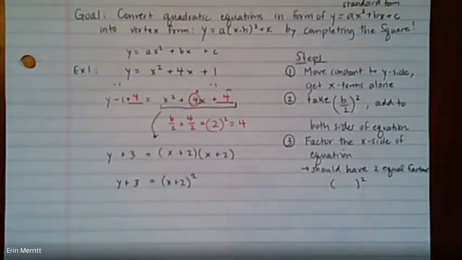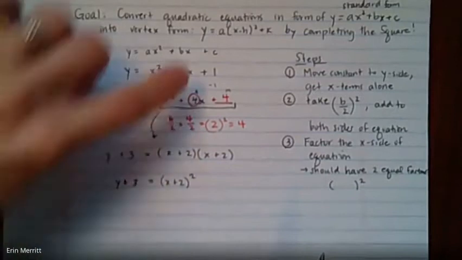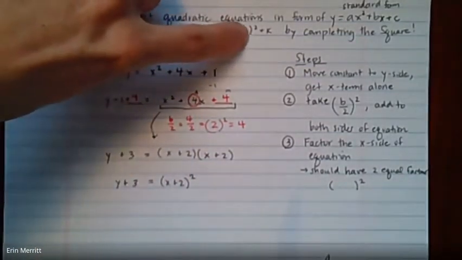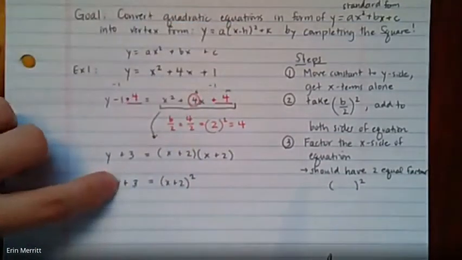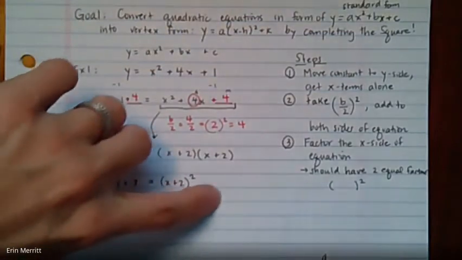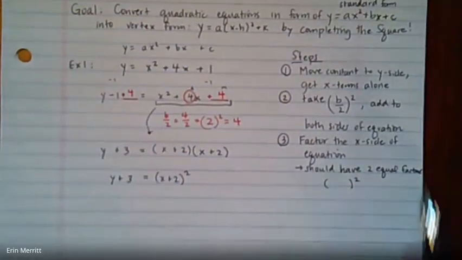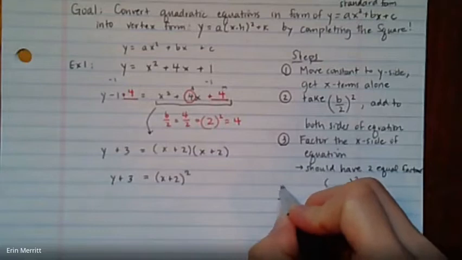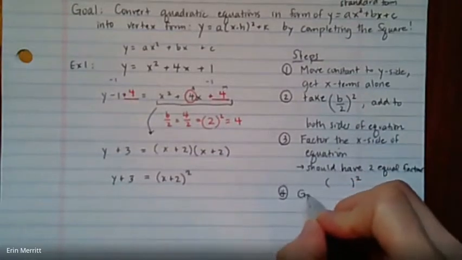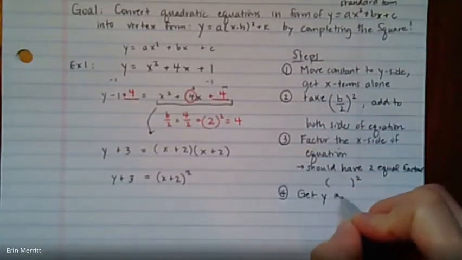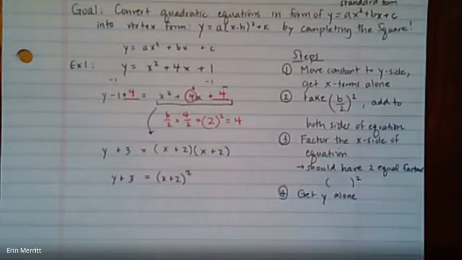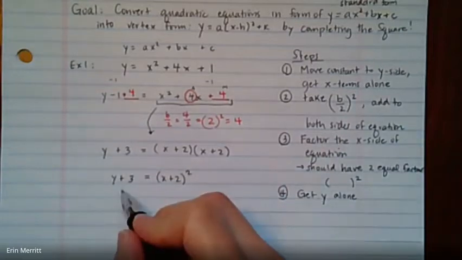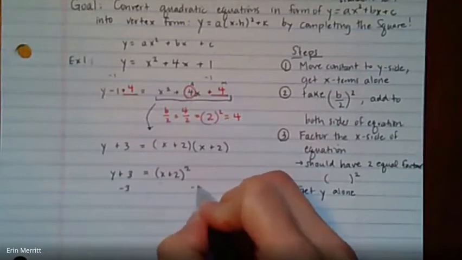At this point, if I come back up here and look at my goal, I want something squared and then plus k. Well, that means I'm going to get the y alone and just move that on over. That'll be the plus k piece of it. So step 4 is we're going to get the y alone. So whatever's over there with y, in this case the plus 3, we're just going to subtract it over.